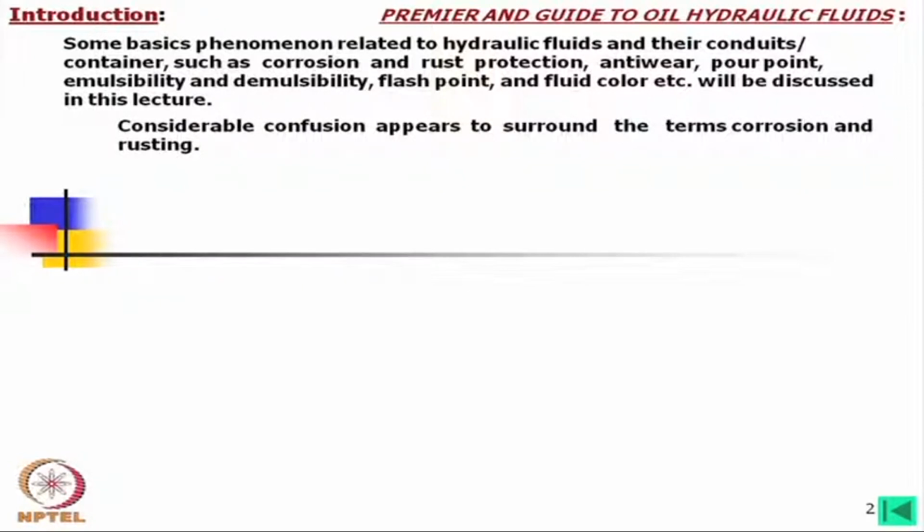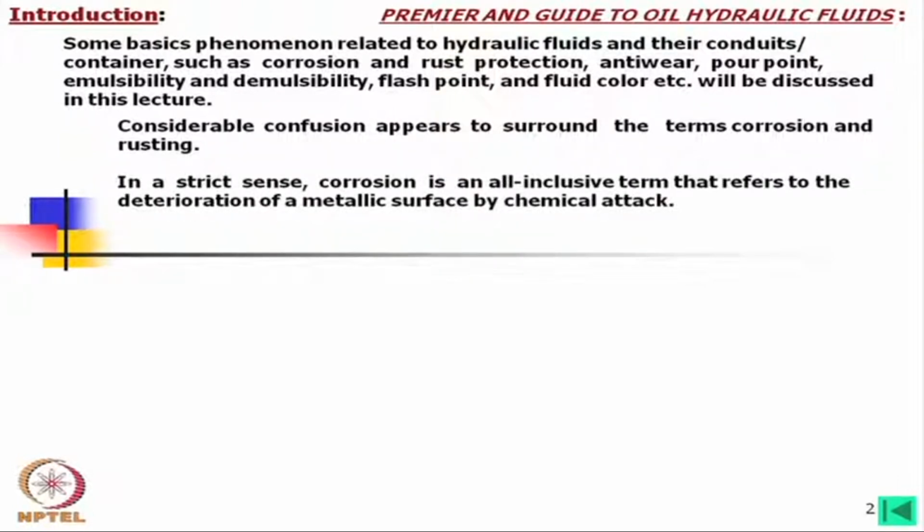Considerable confusion appears to surround the terms corrosion and rusting. In a strict sense, corrosion is an all-inclusive term that refers to the deterioration of a metallic surface by chemical attack. Rusting is one form of corrosion. Although we normally use the term corrosion, rusting is a particular phenomenon of total corrosion.